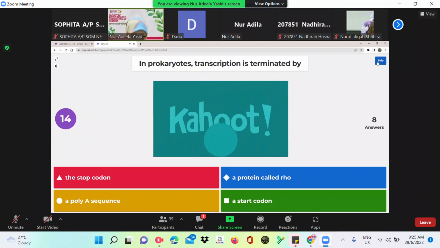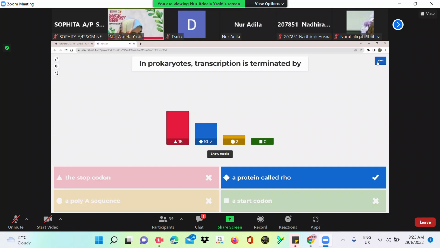Easy peasy one. Class, most of you answered stop codon. We will discuss. This question asks you about the termination of the transcription process.